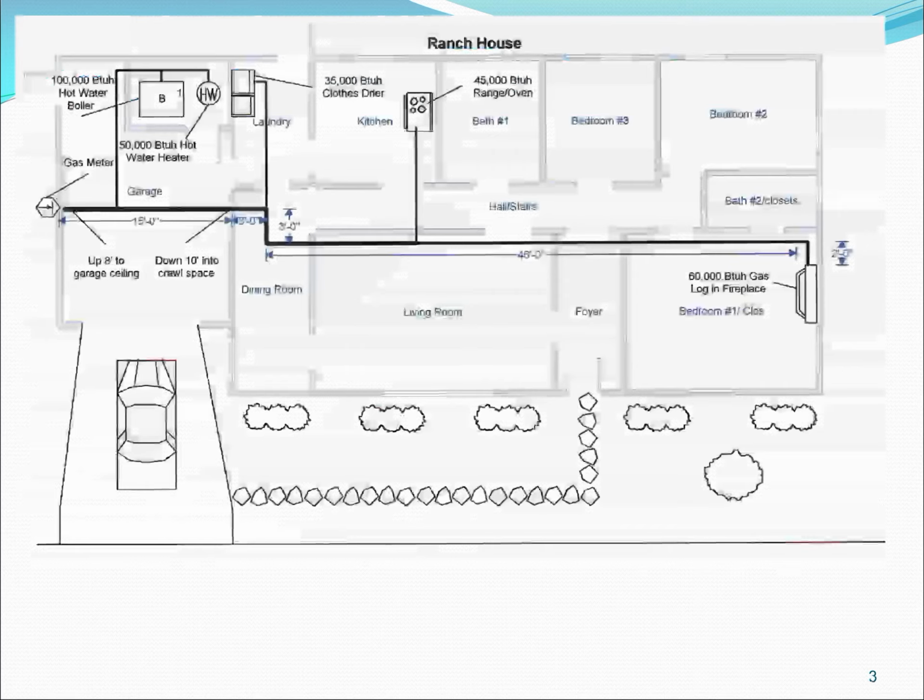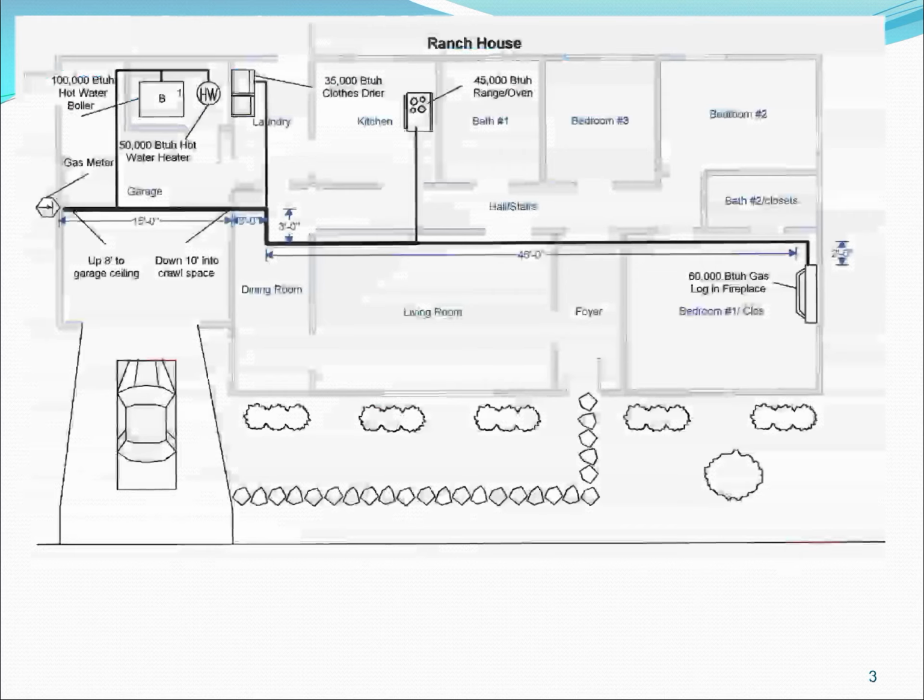In this particular application, on the far left side, I've got my gas meter that is shown on the far upper left side. And you can see how we're progressing through a garage.